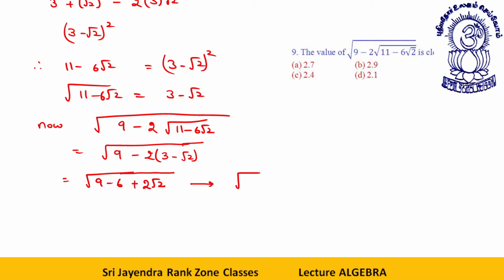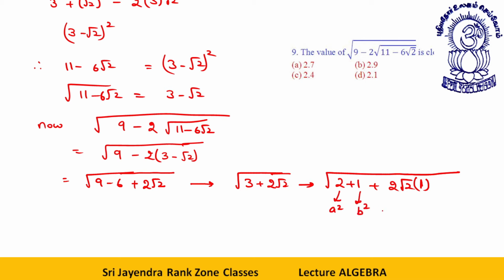This can further be written as 3 plus 2 root 2, which can further be written with 3 as 2 plus 1, plus 2 into root 2 into 1. This is a square, this is b square, this is 2ab.